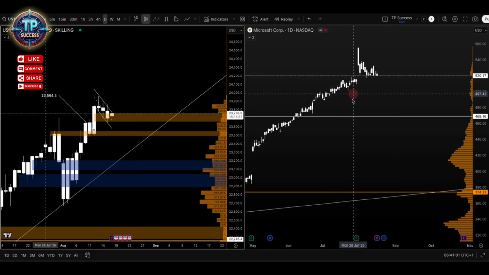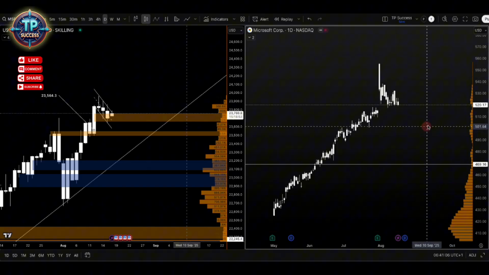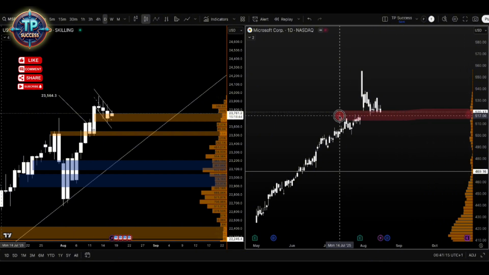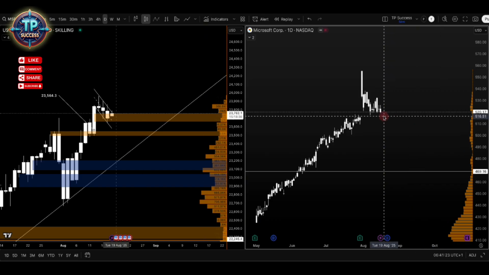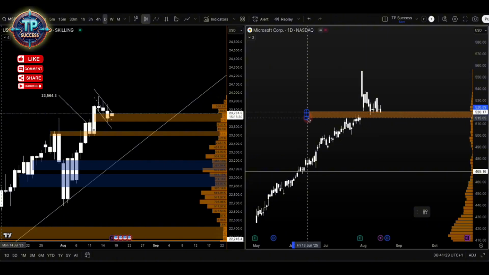Okay, so from what I can see in this area over here, we have a small low volume node area right here, between 520 and 513, and price is currently heading into it. As a matter of fact, I think it would be a lot better if I just highlighted it.